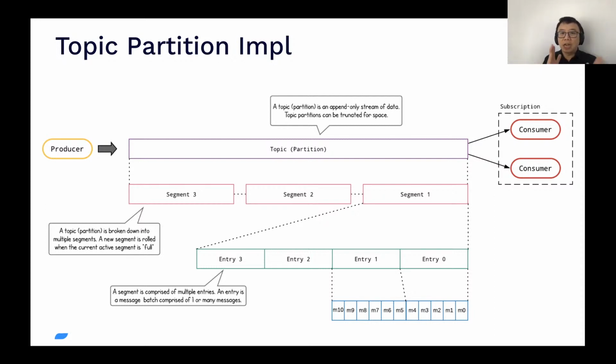The messages are not deleted individually based on messages or entries. It's actually deleted segment by segment. That is a very important concept for you to understand the storage size. So I hope this diagram gives you an overview of how Pulsar implements the topic partition.